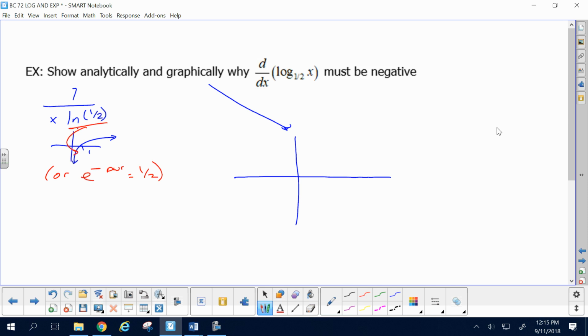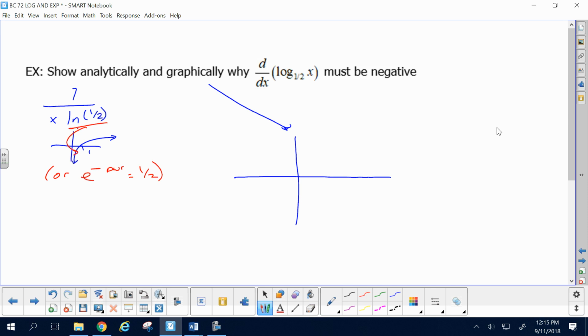Okay, how we doing? Do you agree, first of all, that by the rule we just said, the derivative of log base a half of x would be 1 over x natural log of a half? Yes. We know, hopefully, that natural log of a half must be negative, because e to a negative power would be a half. Do you agree? Okay.